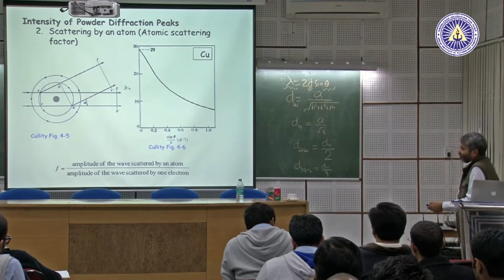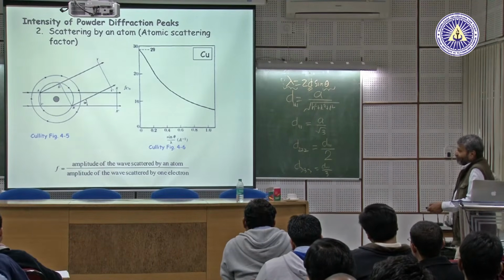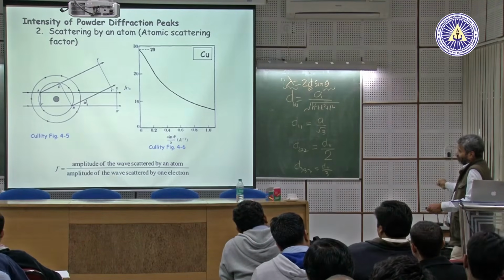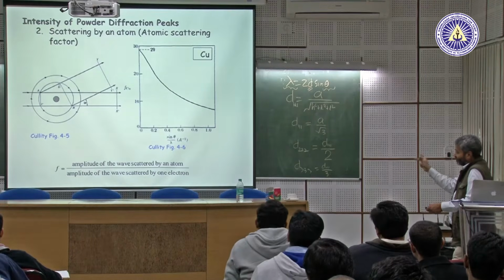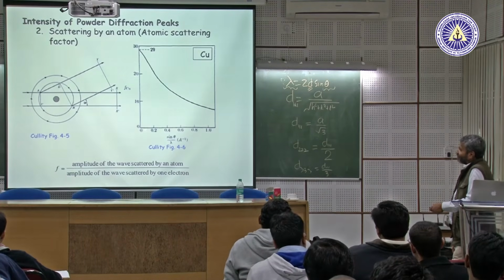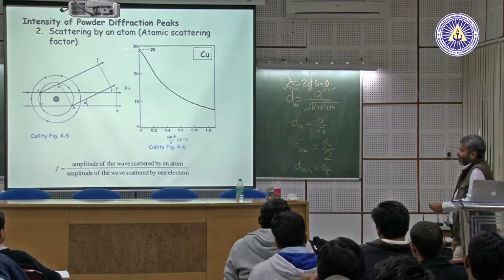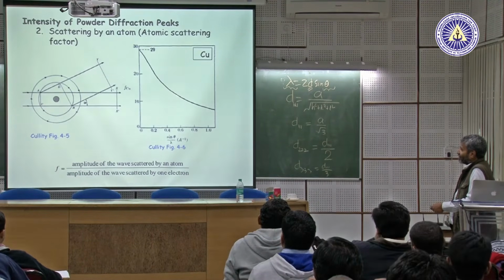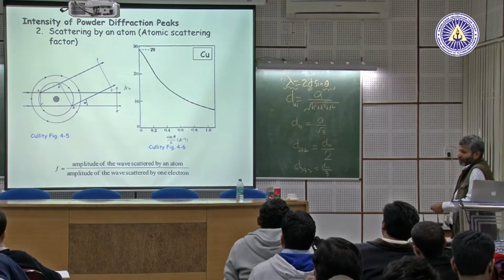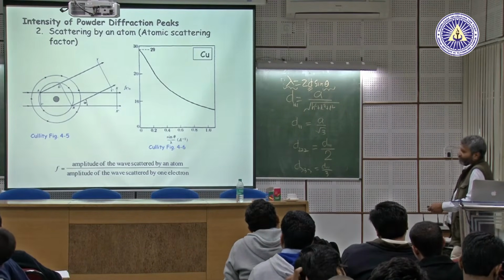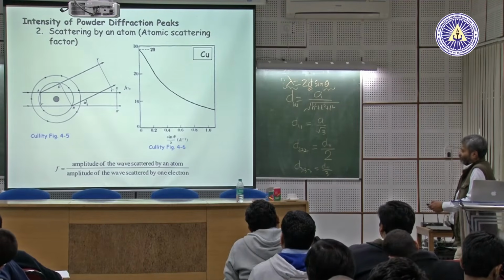This is interesting: when we have different diffracted beams, in an I versus 2 theta plot, as 2 theta changes, the same atom is scattering at different power. Close to 0 it is scattering at high power, and at high values of theta it is scattering at lower and lower power. So there will be an intensity decrease at higher theta values because of this.